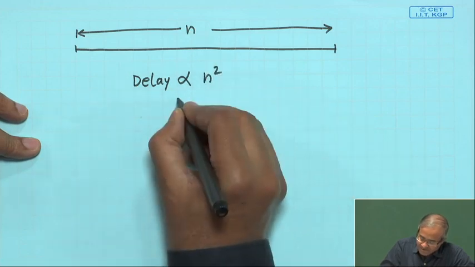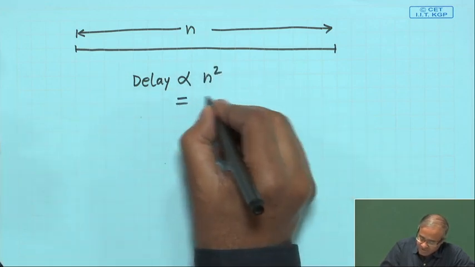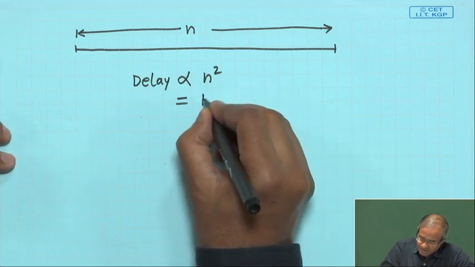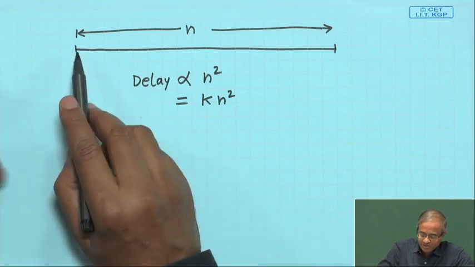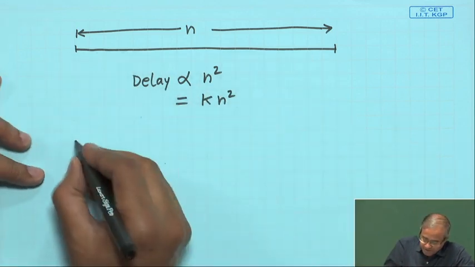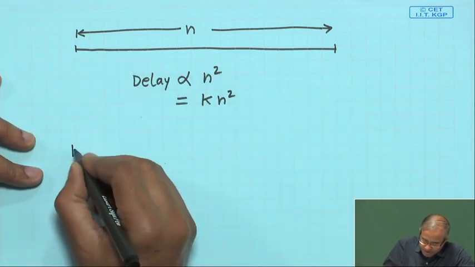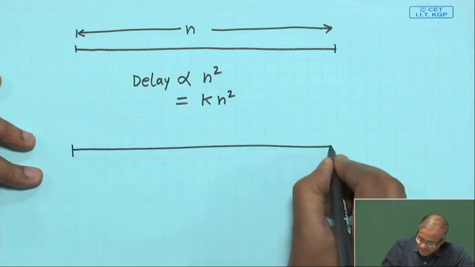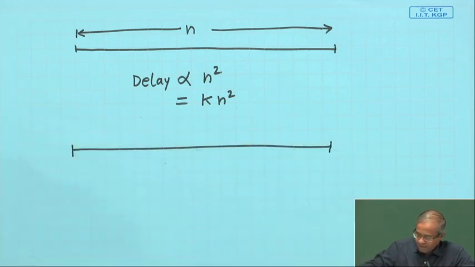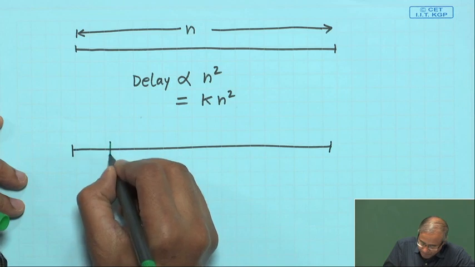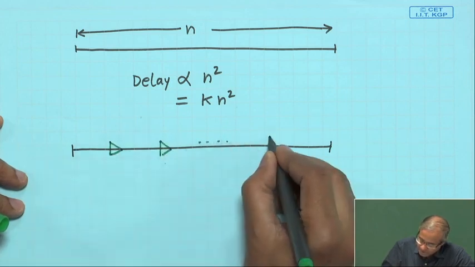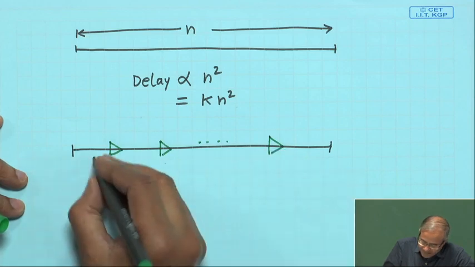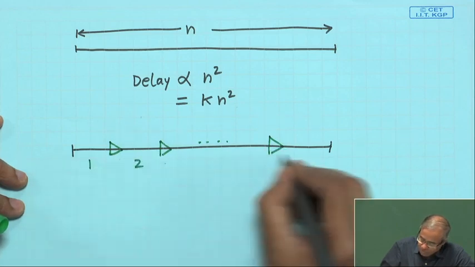So, let us say it is equal to some constant k into n square. To speed up the circuit, the proposal is this: this was the whole line. Now, you insert some buffers in between, so break it up into some segments. Let us say there are m segments, 1, 2 up to m.